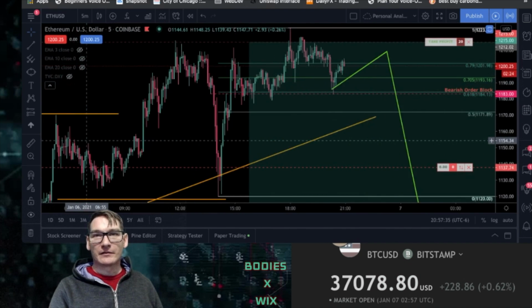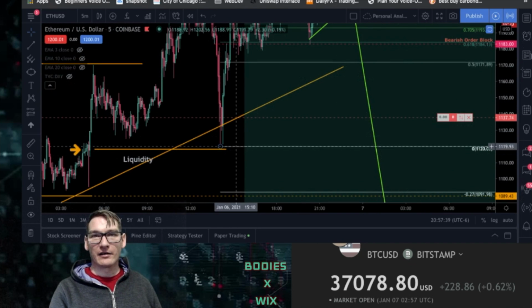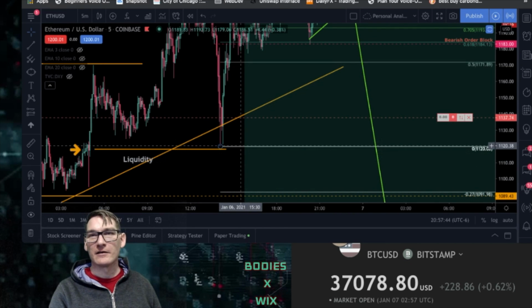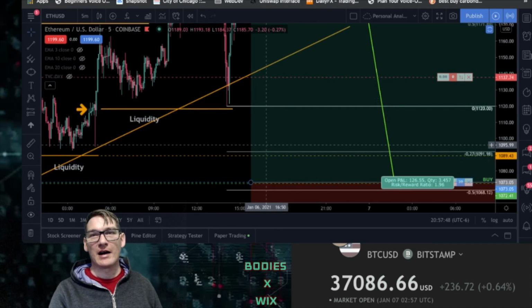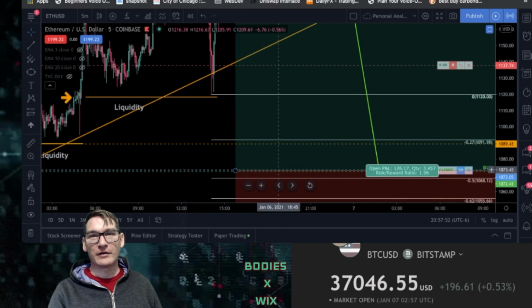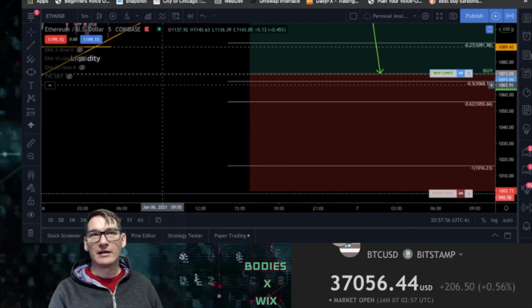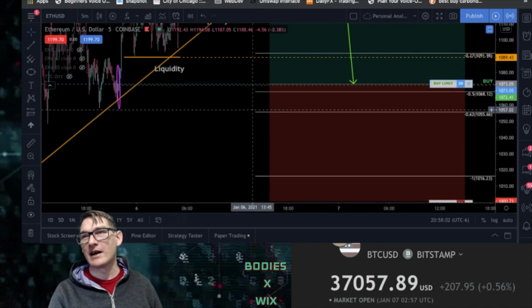If it does get past this trend line, everybody's looking at this low point, thinking it's going to buy right here. If it does get past that low point, it's going to start buying right here. That's 1, 2, 3 fake outs. It's going to get farther below than that. It's going to get to this last point of mitigation and start buying right there.